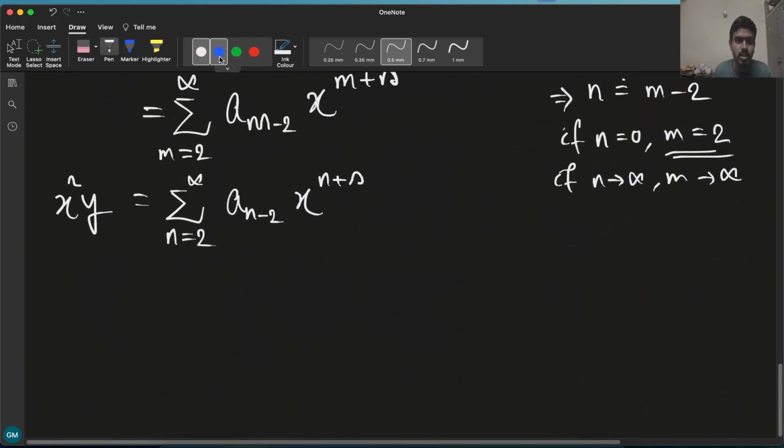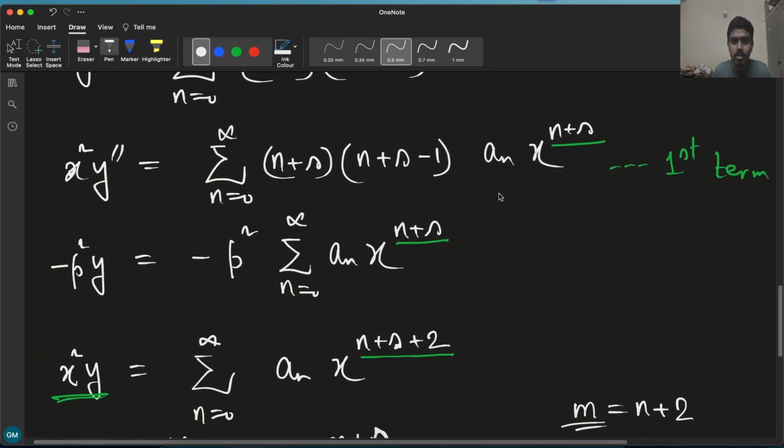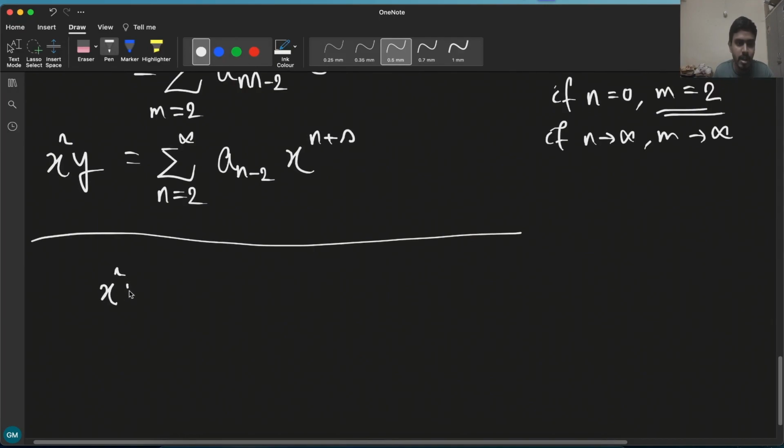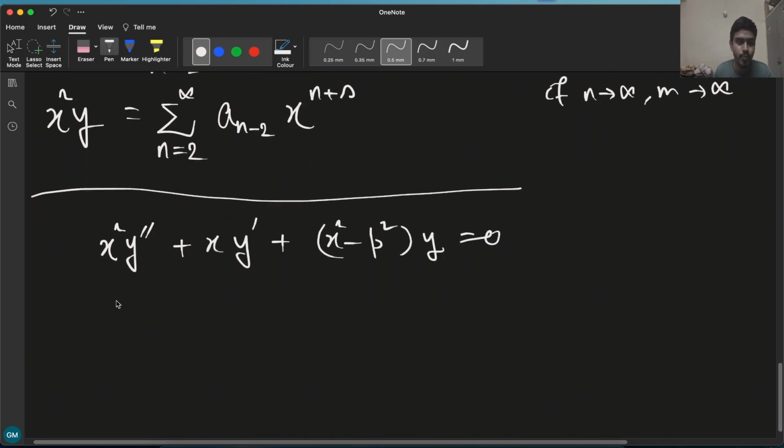So the first term is this one, which is, let me write it again, x square y double dash plus x y dash plus x square minus p square times y equals 0.